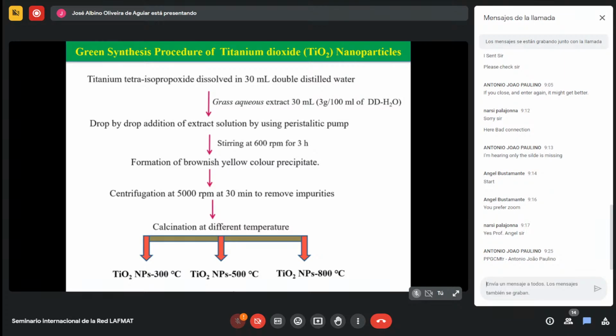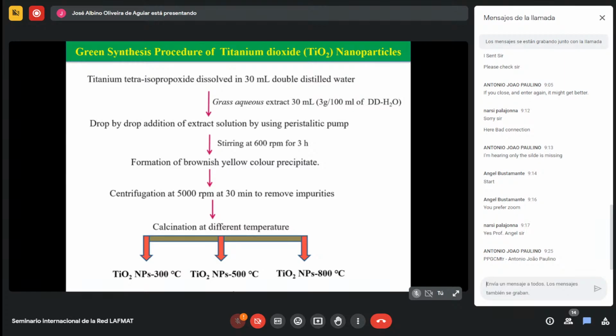That powder is dissolved in double distilled water, then heated so that the phytochemicals dissolve into the water, and filtered with micro filter paper.